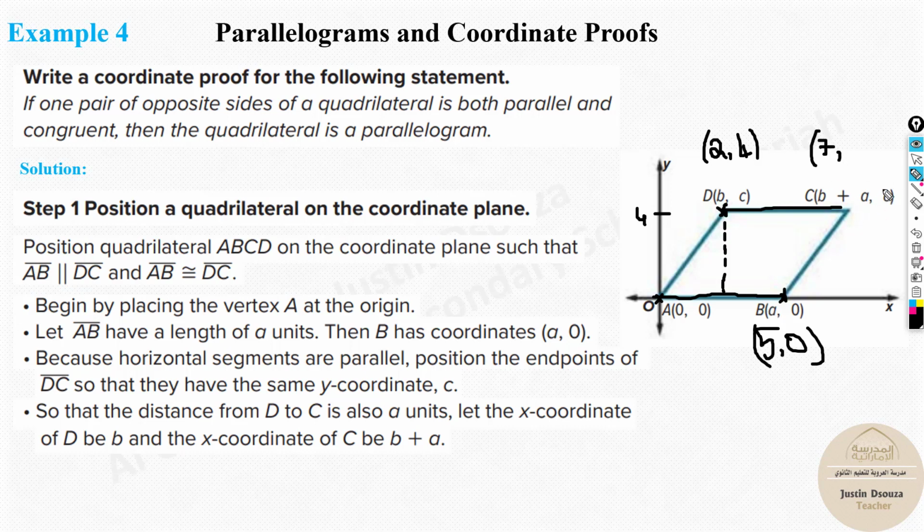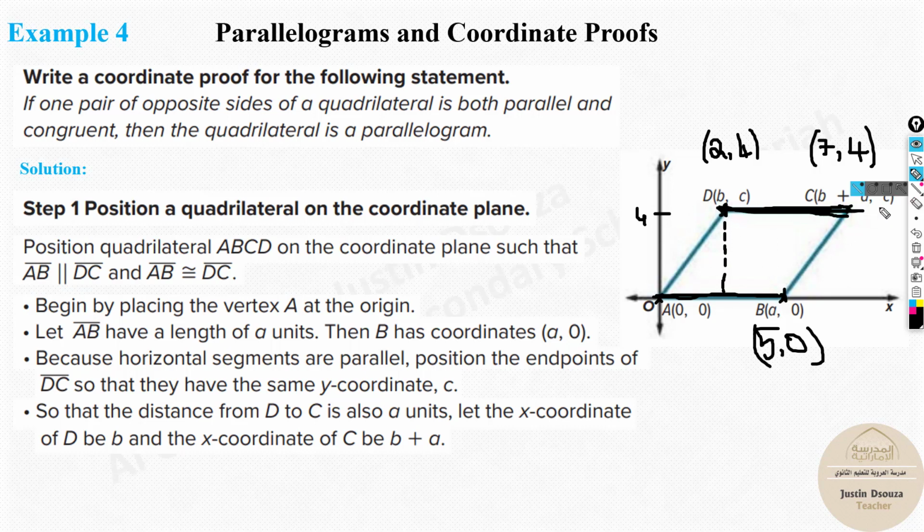And what about this last one? If it is congruent and parallel, then the slope is the same. That means the y coordinate is the same. It will be 4 itself. So this is the AB and DC line. We just made sure this line and this line are congruent and equal. But we don't know about this.